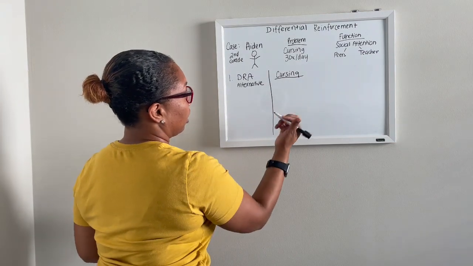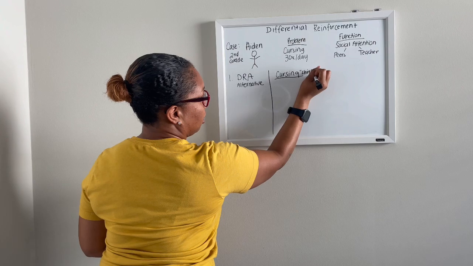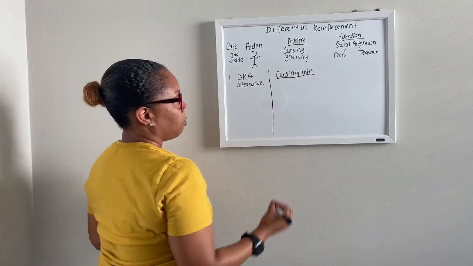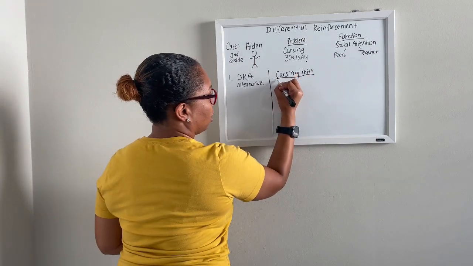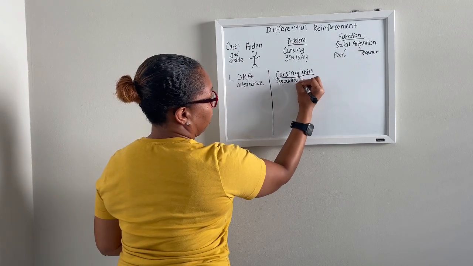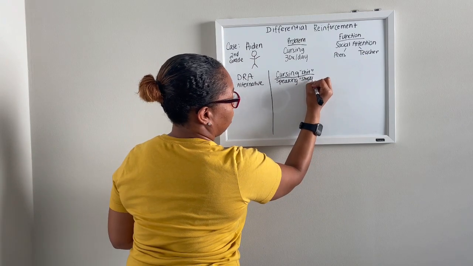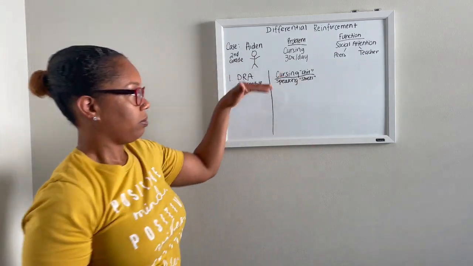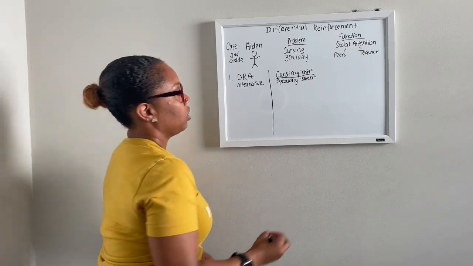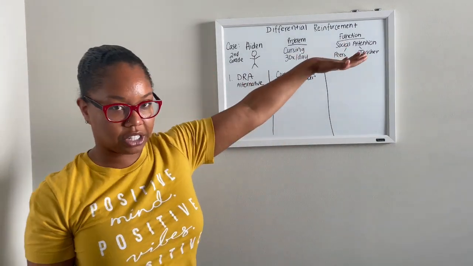So for cursing, let's say he's saying shit. The alternative behavior is just speaking, right? And he's saying shucks. Every time he wants to say shit, he says shucks. That's the alternative. So what happens after that for the function?